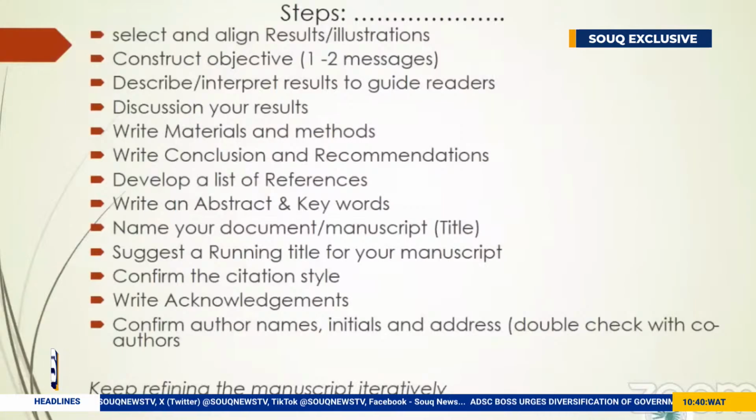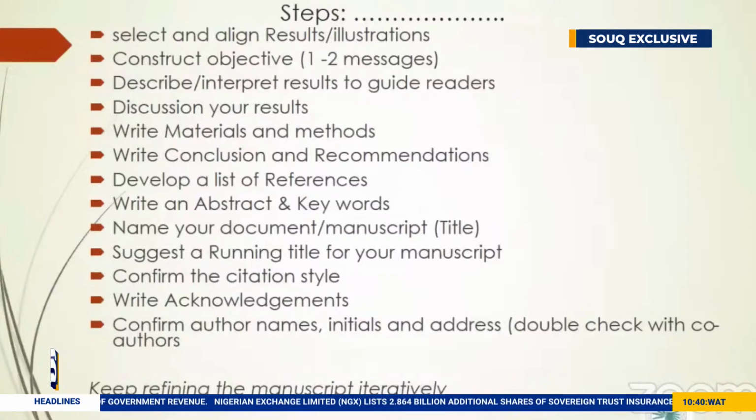That we are going through steps of developing a manuscript. And yesterday, after the introductory remarks and the definitions, we started the process of the first bullet that you see up there that says select and align results or illustrations. And then I think we also tried to move to construct objectives.